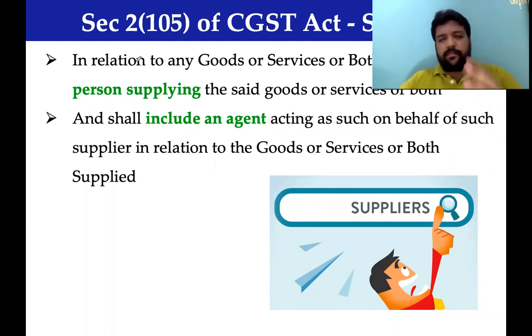Then another definition, supplier. Interesting definition. Who is a supplier, sir? Any person who is supplying goods or services is called a supplier.